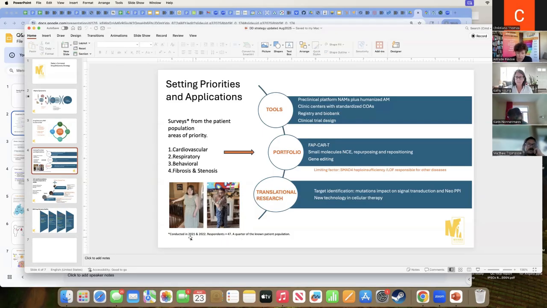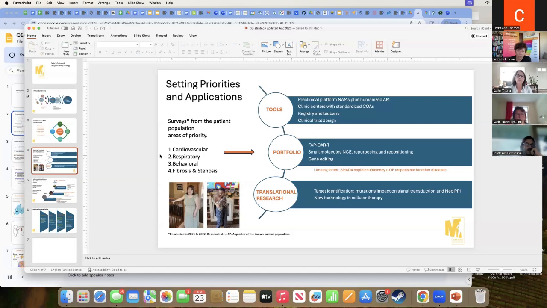So from a survey that was conducted 2-3 years ago on 46 patients at that time, we identified that cardiovascular and respiratory were the biggest issues, and then behavioral.